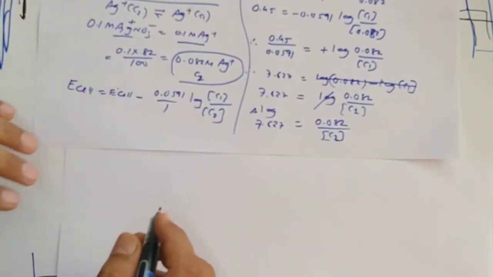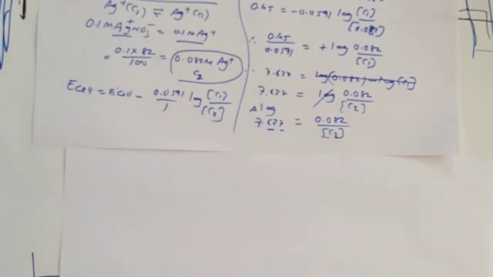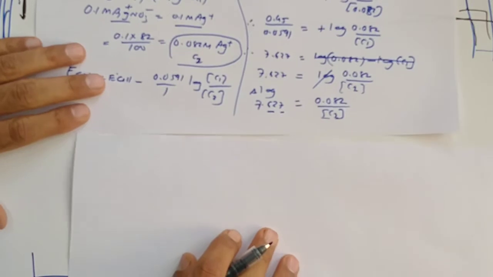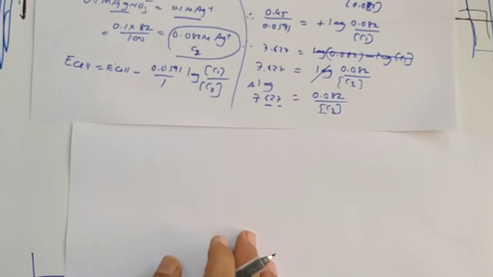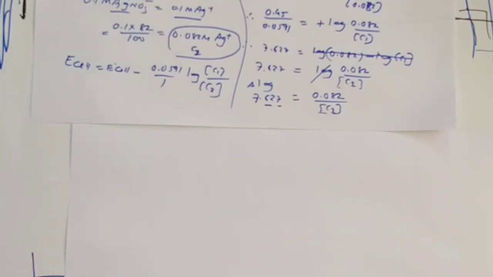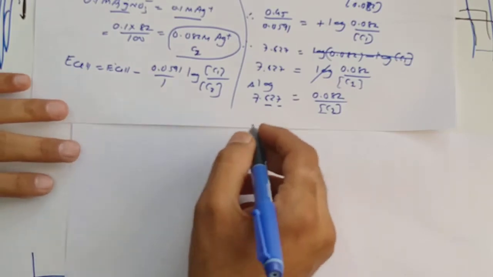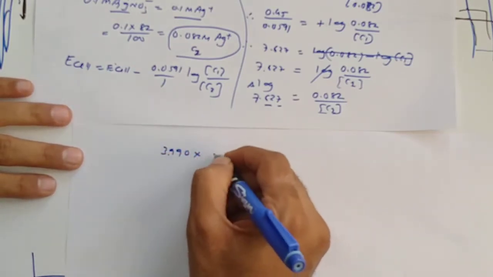So antilog of 7.627: antilog of 0.627 is 4.23, and after one digit there should be a point.